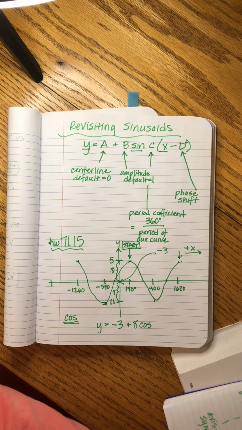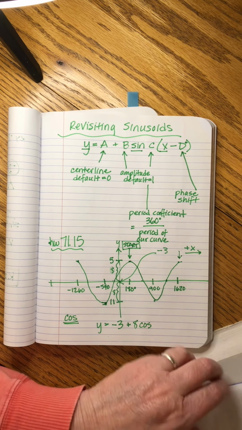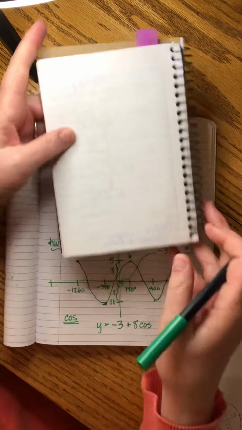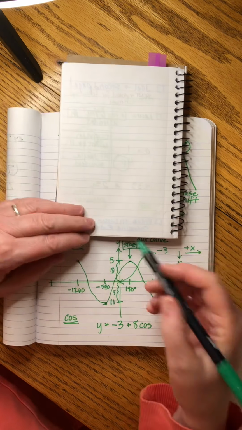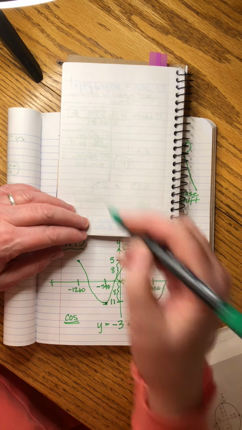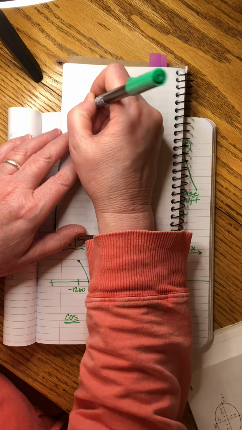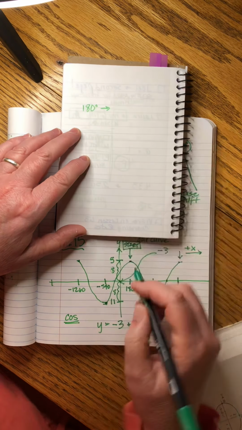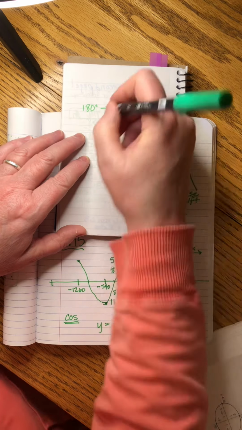Here we go. Okay, so our period starts at 180 and it ends here at 1620.